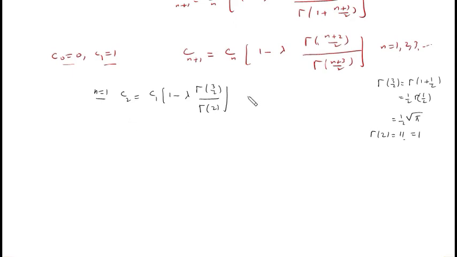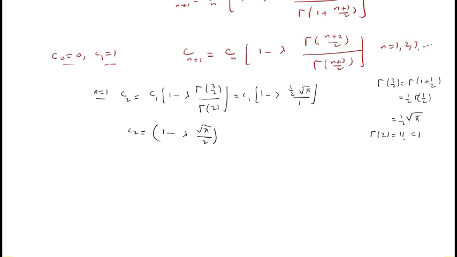So this becomes C_1 into (1 minus lambda) times 1 by 2 square root of pi, over 1, and since the value of C_1 is 1, C_2 is (1 minus lambda) square root of pi over 2.